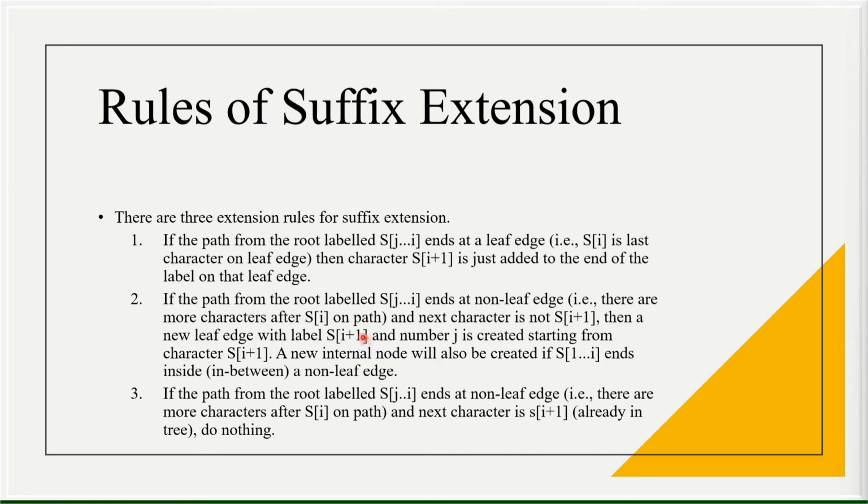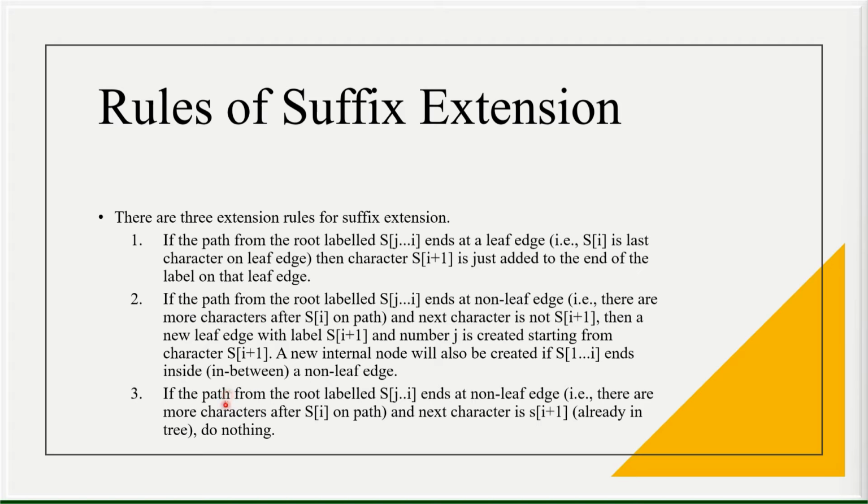What this means in easier terms is that if a new character appears after a substring which has been repeated, then we have to create a new leaf edge, or basically we have to split that parent node and make 2 different child nodes. We will be seeing an example so that we can understand this rule in a better way.